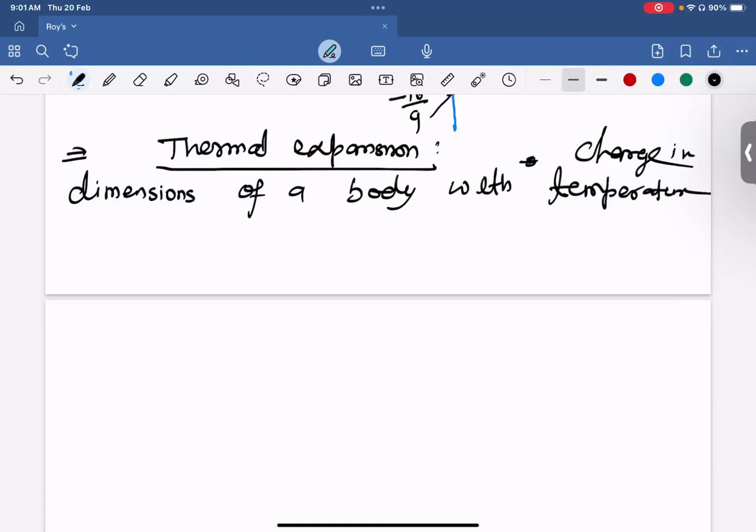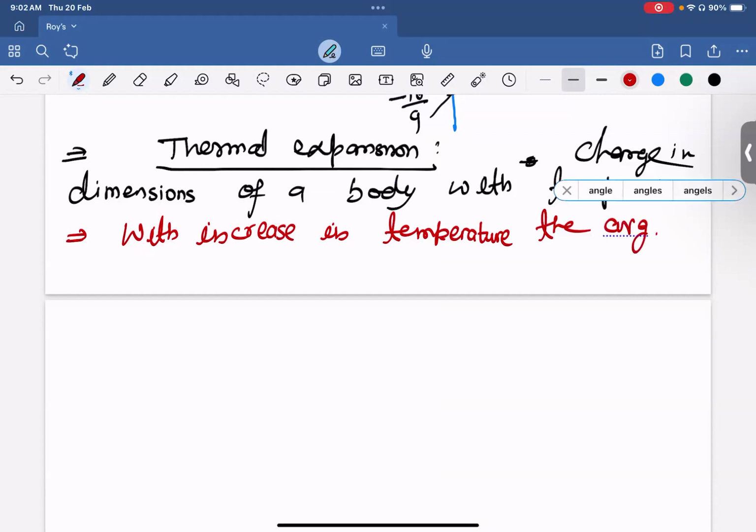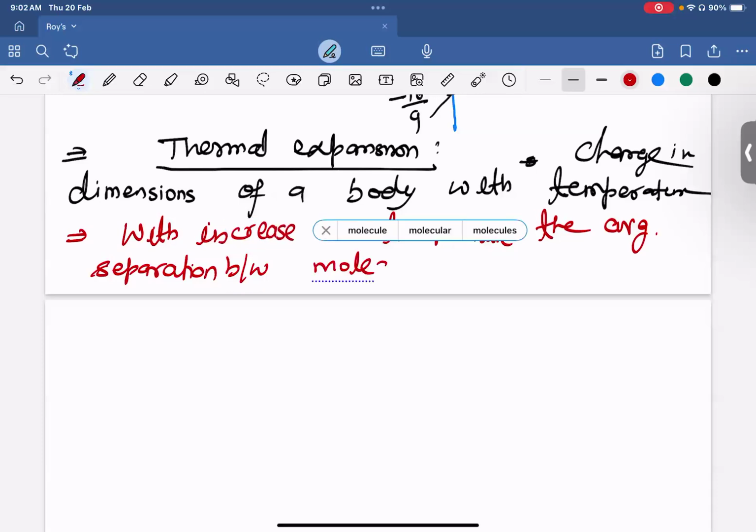Why, you may ask, why the dimension changes? So we can say that with increase in temperature, the average separation between molecules increases.